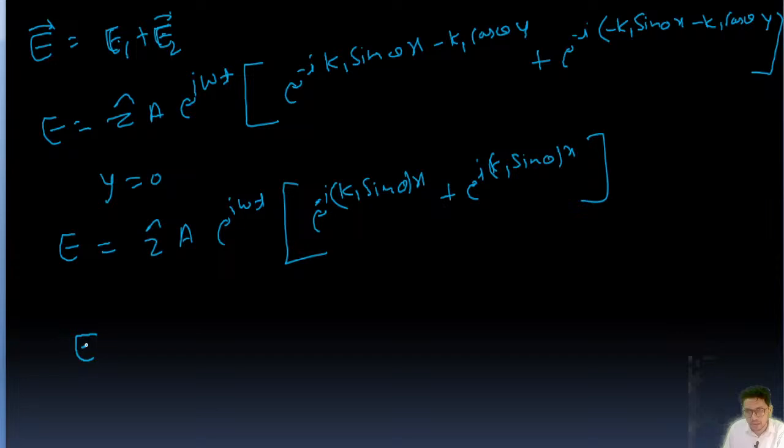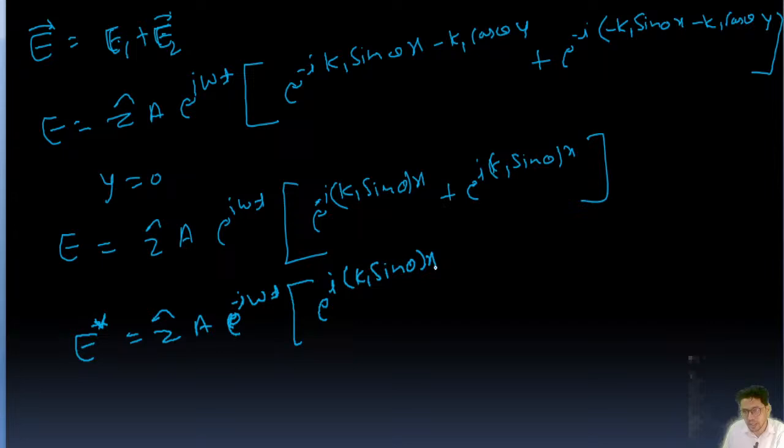E star is going to be z cap A e to the power minus iota omega t, where we replace iota by minus iota, into e to the power plus iota k1 sin theta x plus e to the power minus iota k1 sin theta x. Lengthy calculation, but very good question.